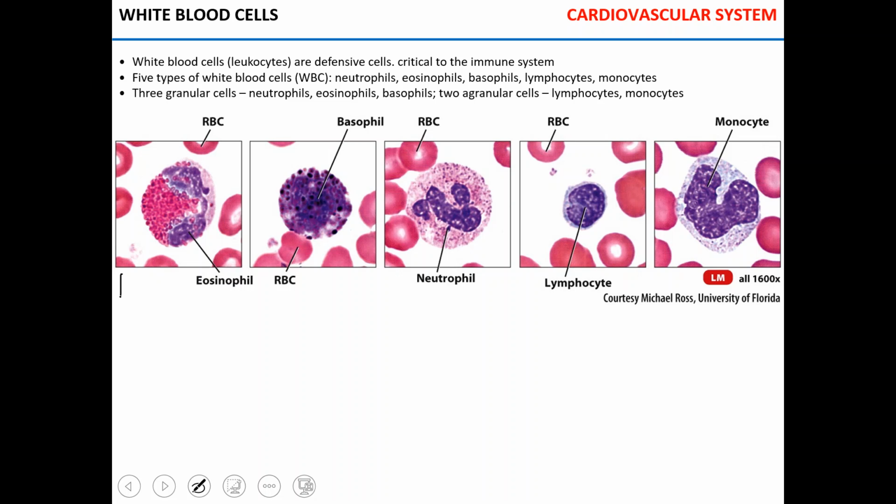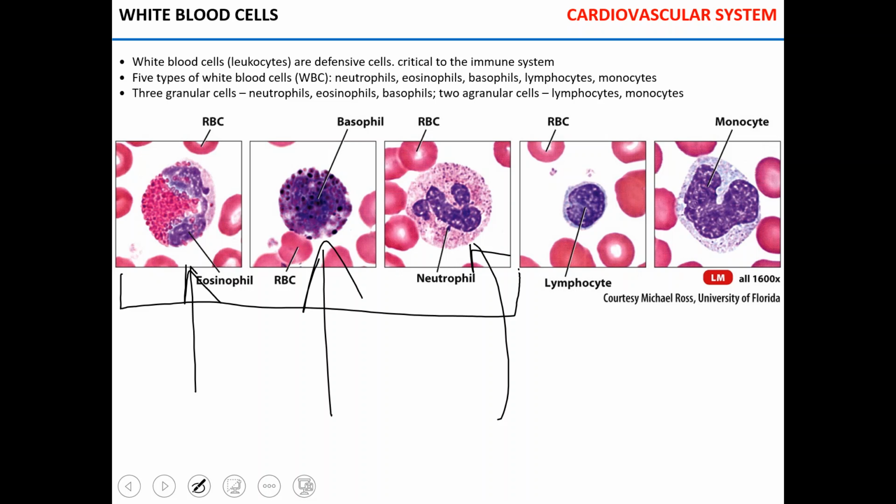So neutrophils, basophils, and eosinophils. Eosinophils protect you from infections with various eukaryotic pathogens, protozoa, helminths, so on and so forth. Basophils are responsible for inflammatory responses. The neutrophils here protect you against bacteria.